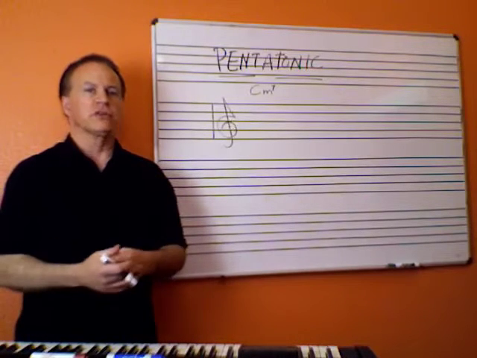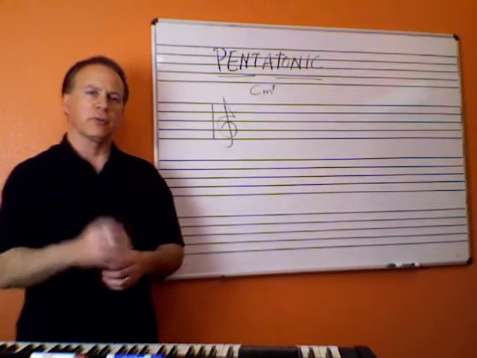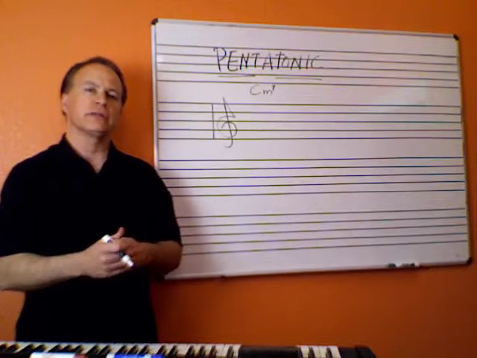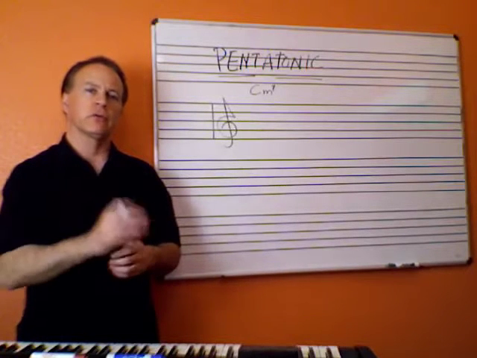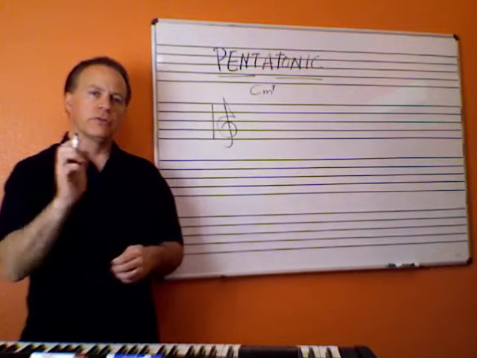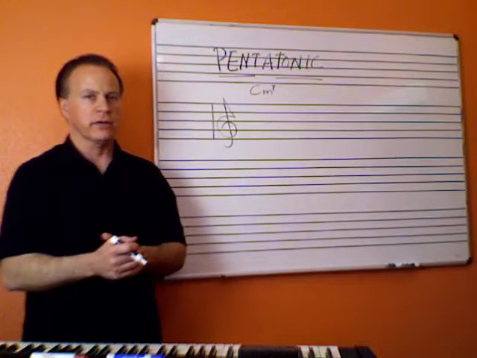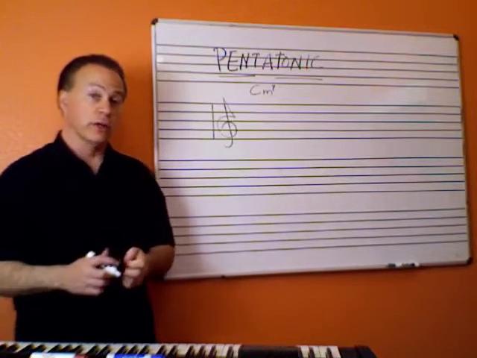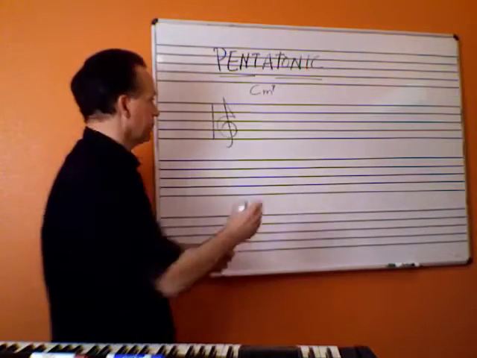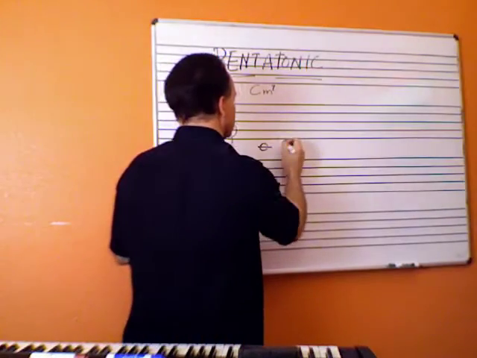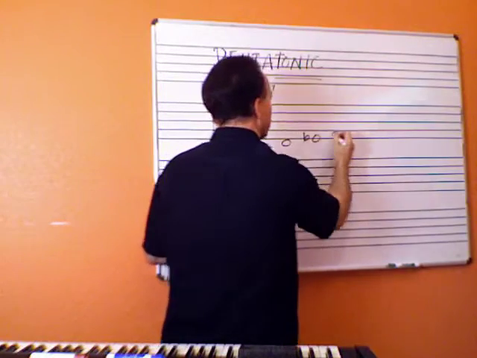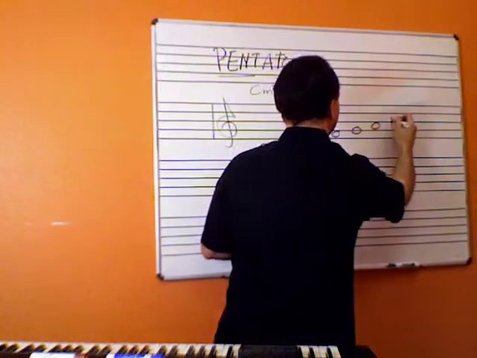Well, it depends on how it's functioning in the key, but we really determined that when you are in doubt, and if you're just looking at one minor 7th chord for a long period of time, the Dorian mode is sort of the default minor scale sound for a minor 7th chord. So let's go ahead and put a C Dorian mode up here. We've got C, D, E flat, F, G, A, and B flat.